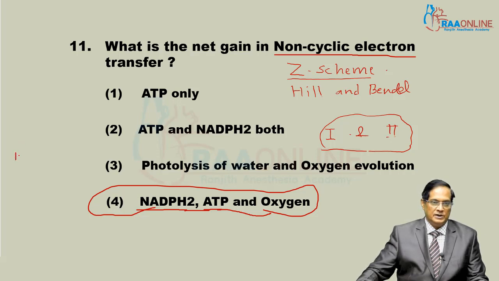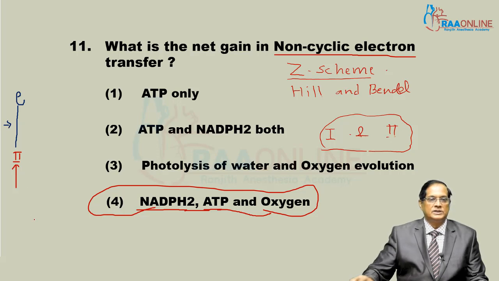This is pigment system number 2. It absorbs light energy and due to which an electron is released from its reaction center. This electron is released due to photoexcitation of chlorophyll.